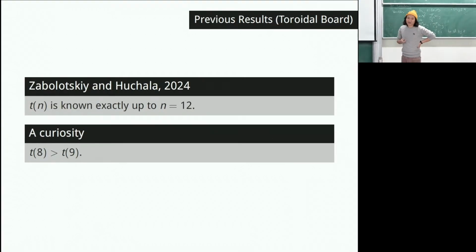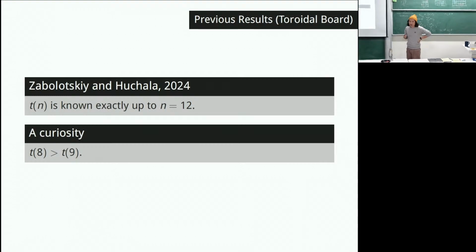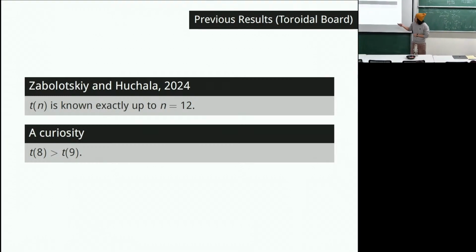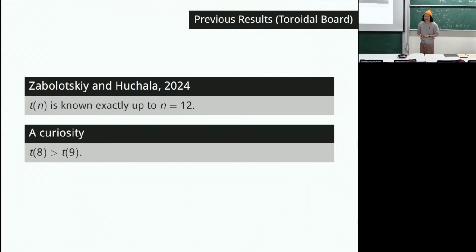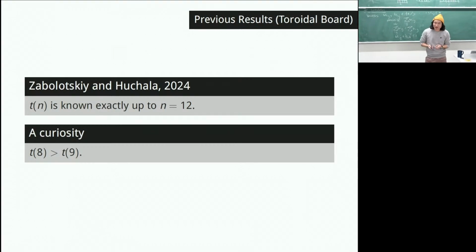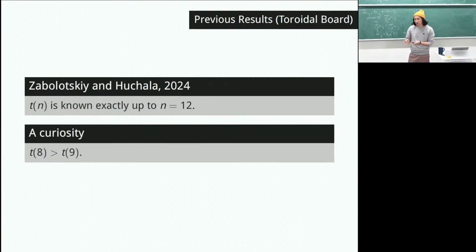But there is no lower bound construction. There's no upper bound. There is a curiosity that, like this 8x8 board, you can put more queens than on the 9x9 board. That seems kind of weird at first, but if you think about it a bit longer, on the torus, it's not true that you can embed the n by n torus into the n+1 by n+1 torus.